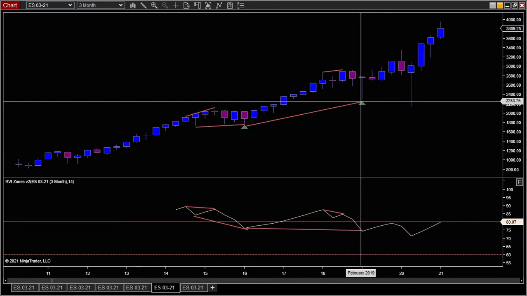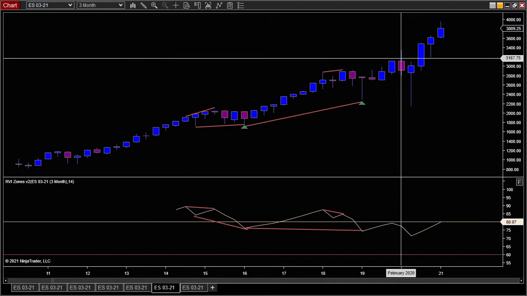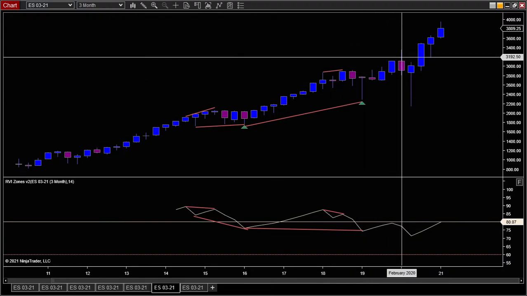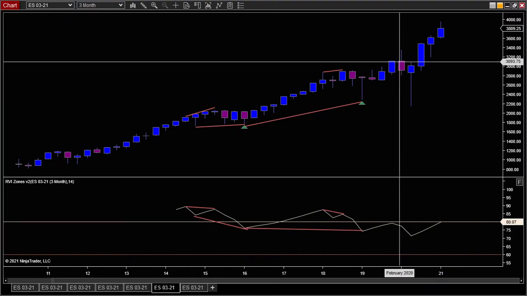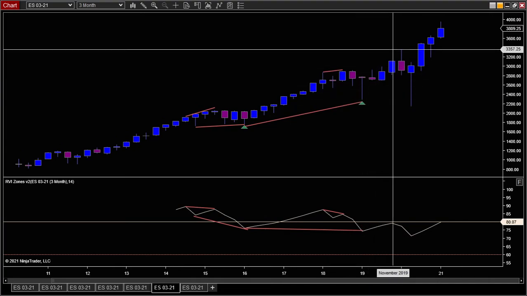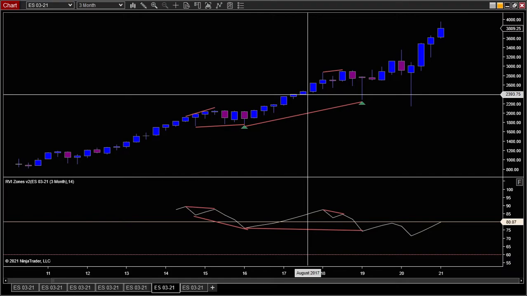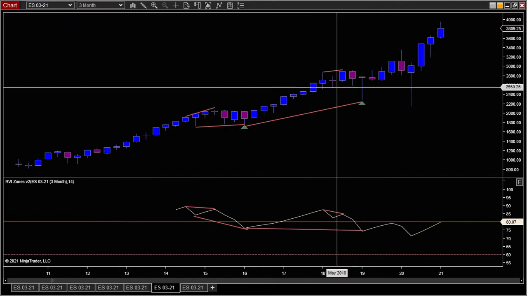And sure enough, from that low at the beginning of 2019, all the way up until the huge sell-off when COVID happened in March of 2020, we had this really good push up, and this was what, 2270 to 3350. So over 1,000 points.